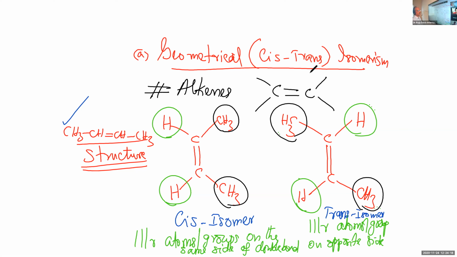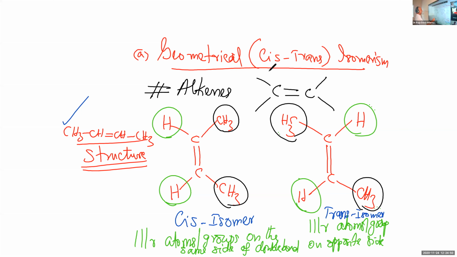The geometries of the molecules are different. So, in geometrical isomerism or cis trans isomerism, the similar atoms or groups may be on the same side or on the opposite sides of the double bond.